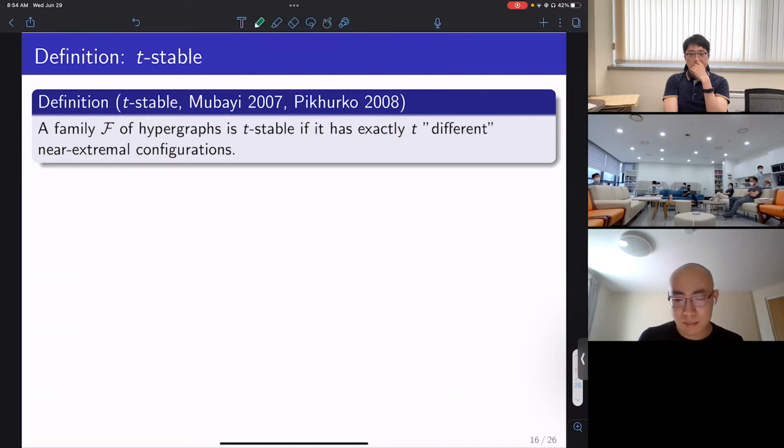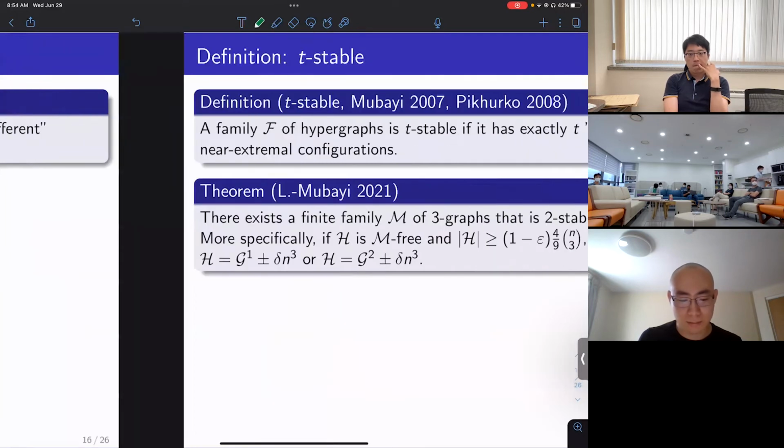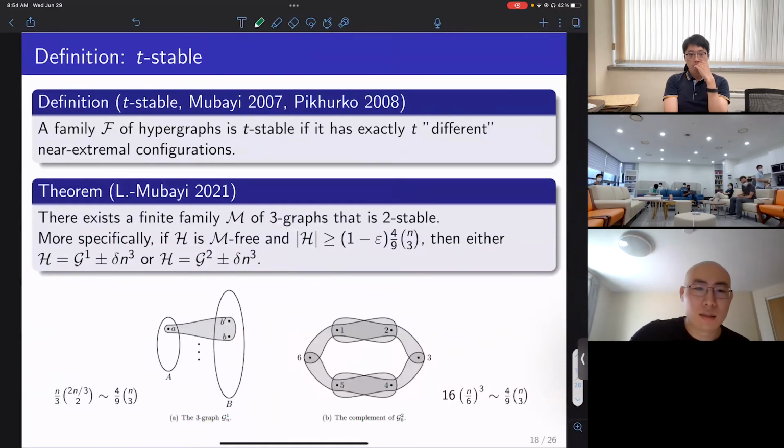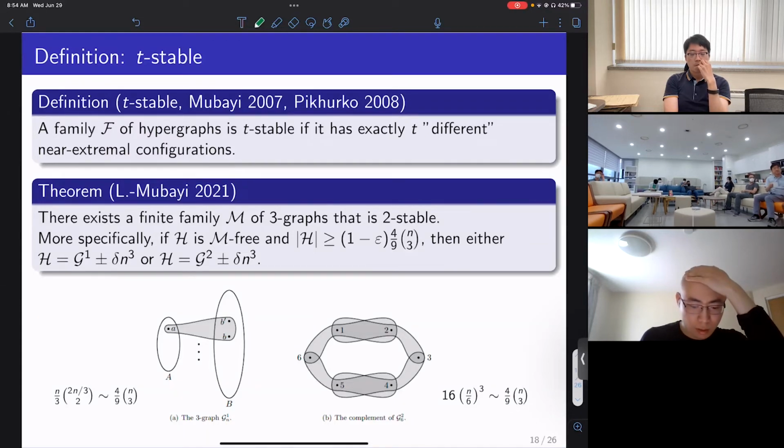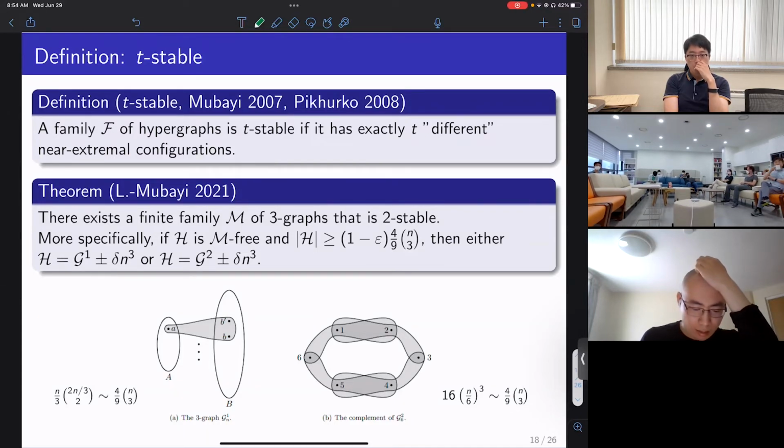Let's look at this result. What would a two-stable family look like? So two-stable means you need two structures to approximate every near extremal construction. What we proved with Mubayi is this: you can find some finite family, doesn't matter which, such that it's two-stable.